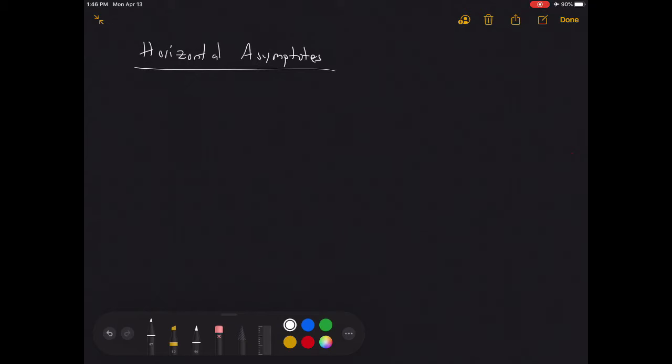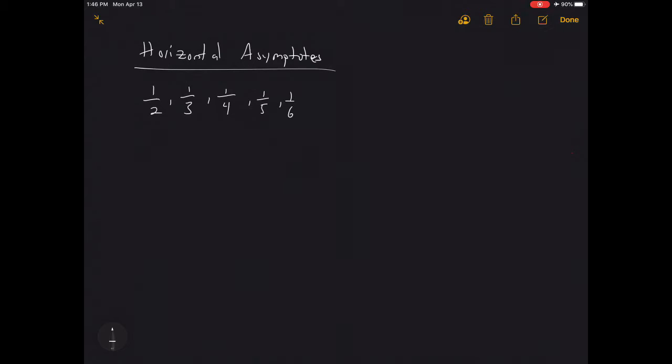sense. If I have a fraction, whatever the fraction is, let's say that we start off with the fraction 1/2. And then maybe I was to add 1 to the denominator. It becomes a third. Then I add 1 to the denominator again. It becomes a fourth, then a fifth, then a sixth, and so on.